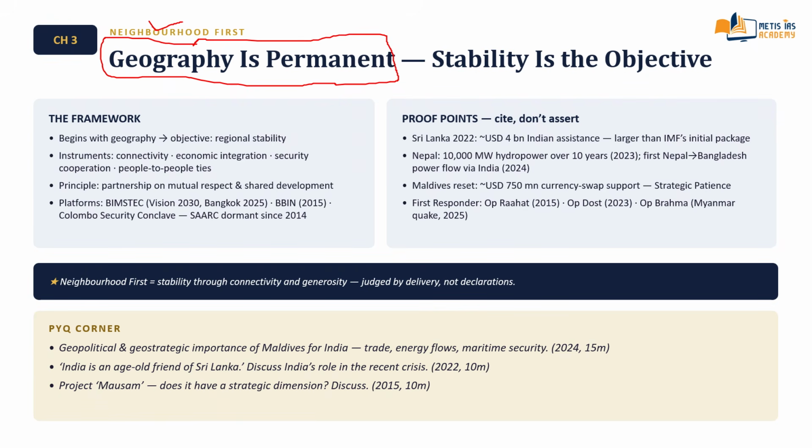So diplomacy becomes particularly important during periods of political transition or regional uncertainty. India's objective is to maintain constructive engagement while respecting the sovereignty and democratic choices of neighboring countries.